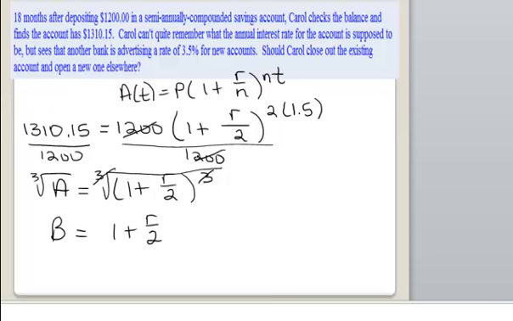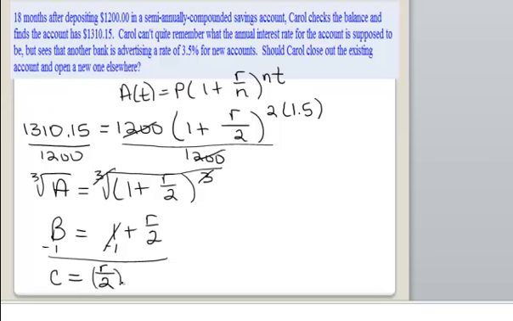Now that B is in my calculator, I'm going to subtract 1 from it. So I do minus 1 equals, and I have some number, I will store that one in alpha C. So I have C equals R over 2.